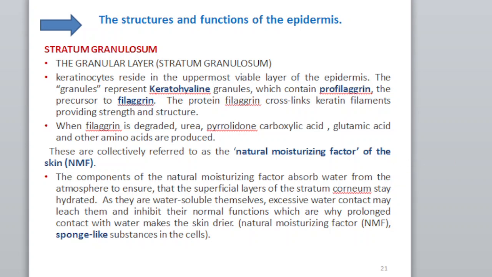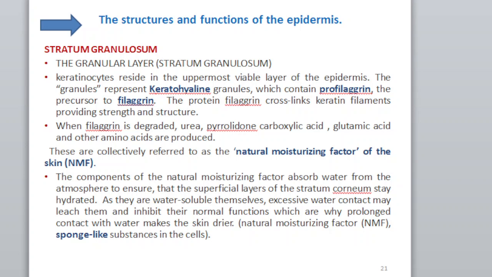The protein filaggrin cross-links keratin filaments, providing strength and structure. When filaggrin is degraded, urea, pyrrolidine carboxylic acid, glutamic acid, and other amino acids are produced. These are collectively referred to as the natural moisturizing factor of the skin, NMF.